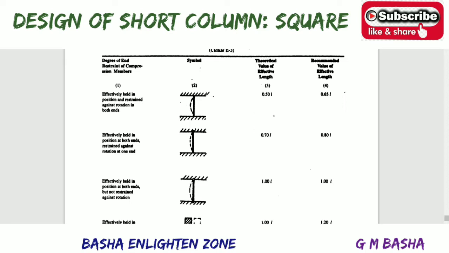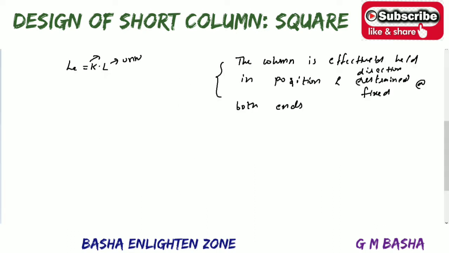The effective length of the column always depends upon the unsupported length, the distance between the lateral connections, and the end conditions, that is free, fixed or hinged.